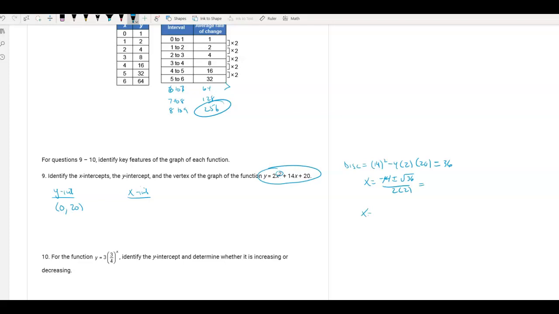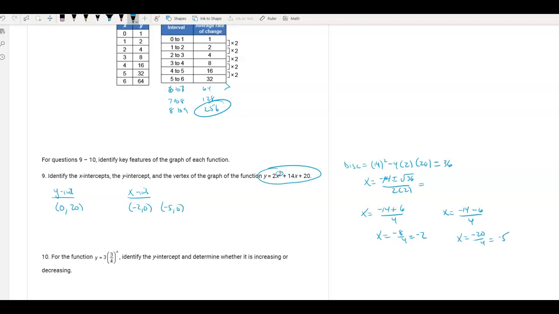This is going to break up into two problems. Negative 14 plus 6 all over 4, because the square root of 36 is 6. The second one would be negative 14 minus 6 over 4. So your x values would be negative 8 over 4, which is negative 2, then negative 20 over 4, which is negative 5. So your x-intercepts would be negative 2, 0, and the other one would be negative 5, 0.